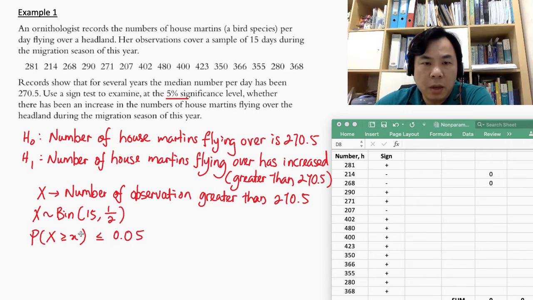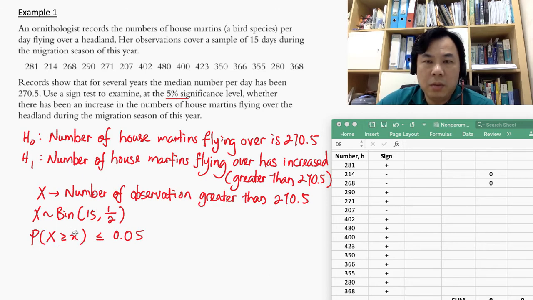So anything more than this x value, we will have sufficient evidence to reject the null hypothesis. So if the number of observations that is greater than 270.5 does not exceed this critical value, then we don't have sufficient evidence to reject the null hypothesis. So I hope this part is clear to you. Don't try to memorize this sign here.